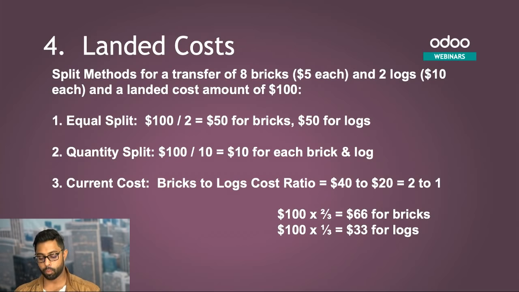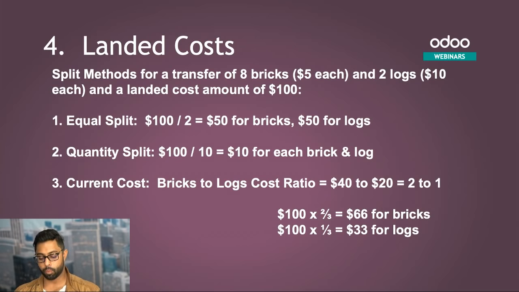But it can be wrong if, say, you are doing bricks and logs that don't weigh the same or don't get charged the same. So obviously this is necessary to your business, and you need to figure out how exactly your landed costs associate with your inventory. But that being said, equal just basically means an equal split of the items that are there. So if there are 3, it would be divided by 3.